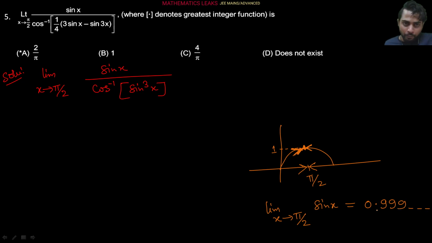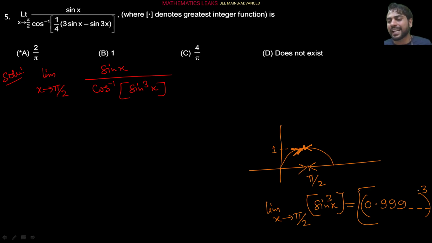So when you take the cube, it is also slightly smaller than 1, so its cube will also be slightly smaller than 1 only. And then you take the greatest integer of this quantity, which is very negligibly smaller than 1.